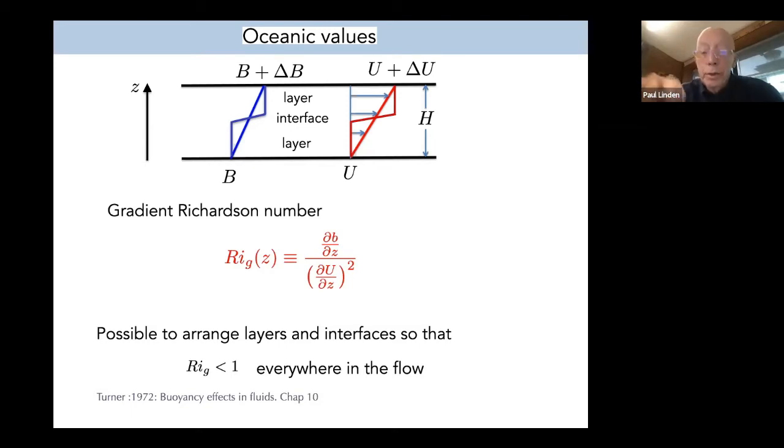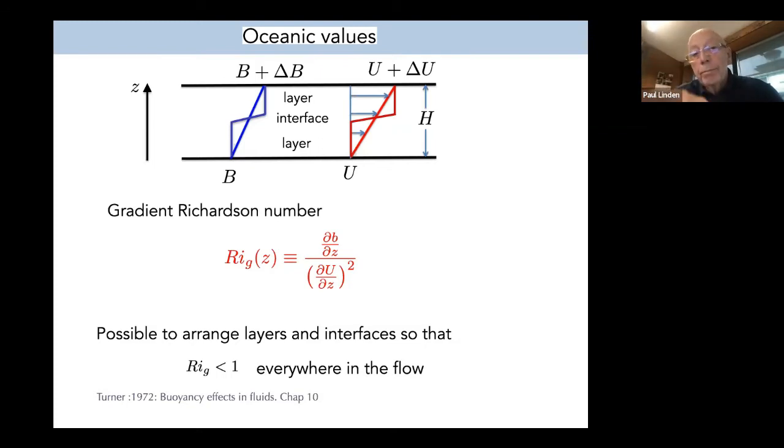So as I've shown in this picture here, if you look at the buoyancy, you have a region where the buoyancy is constant, a layer, and then a rapid transition across some region, and then another layer, and the intermediate place is an interface. You can do the same with the shear, and then you can always make the gradient Richardson number at every point here as small as you like.